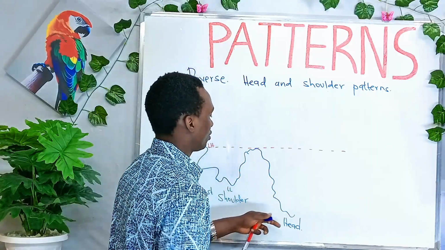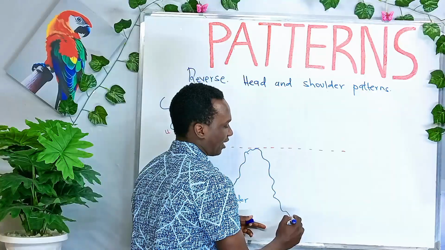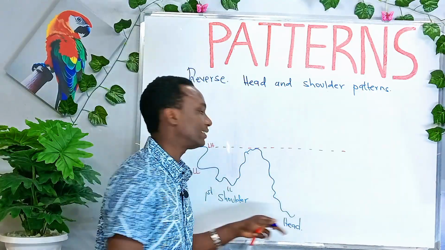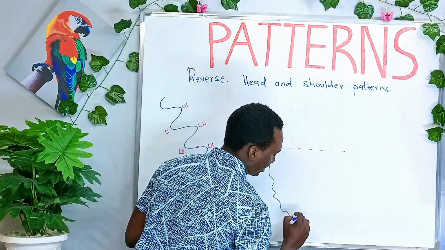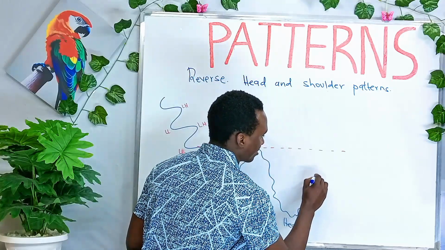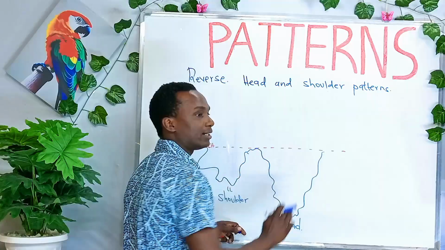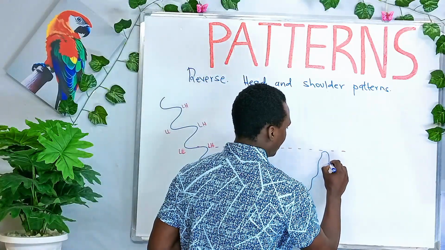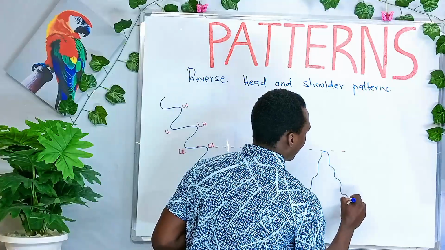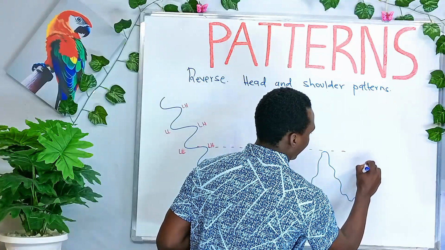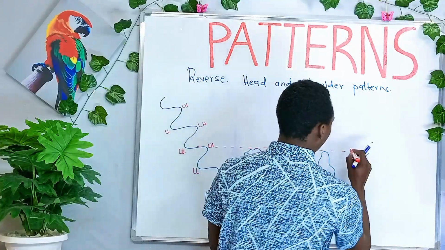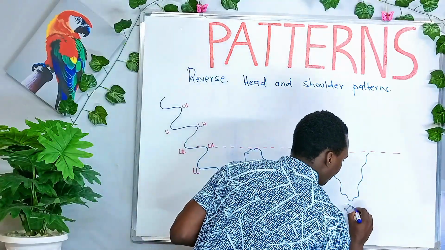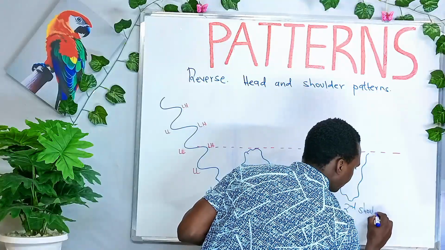Okay, the price fails to make more lower lows and lower highs, it starts to consolidate around here, then rises to our temporary resistance level. It is rejected and forms the second peak, which is the second shoulder.